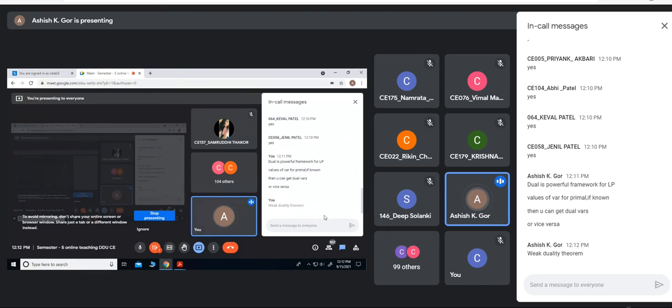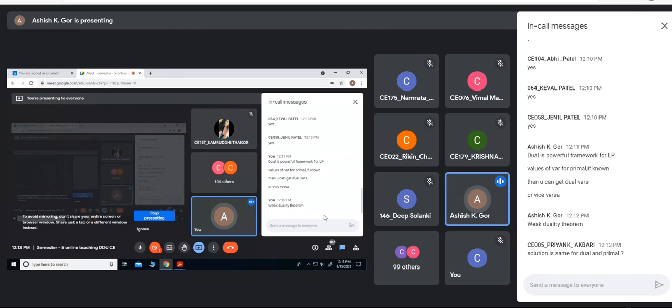The weak duality theorem tells you that if you know the solution of the dual, you can easily get the solution of the primal or vice versa. So there is no need to solve the two things separately. You solve one, and by applying the theorem you can always get the other. I hope you got the applications of the dual. Why is it required?